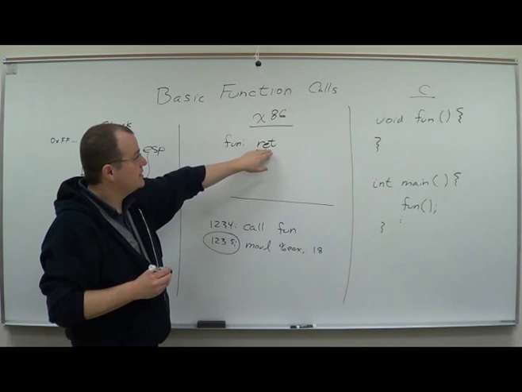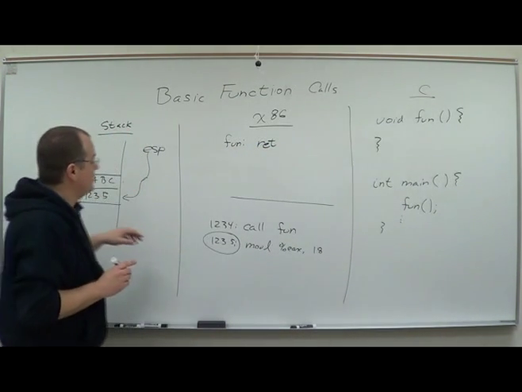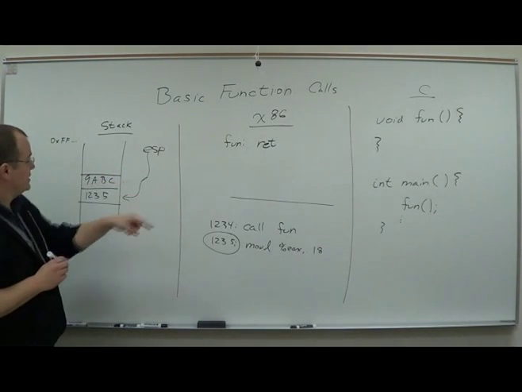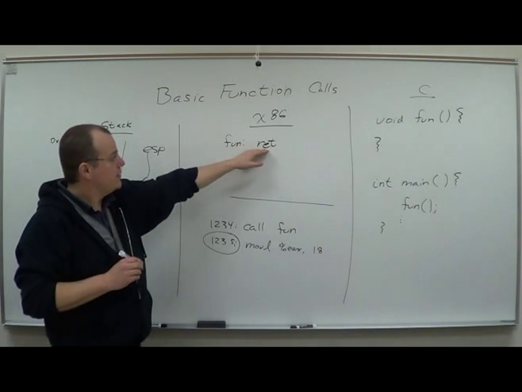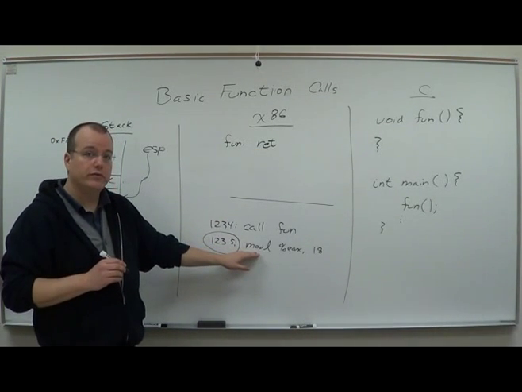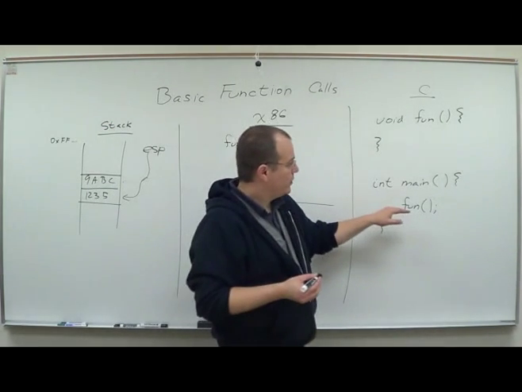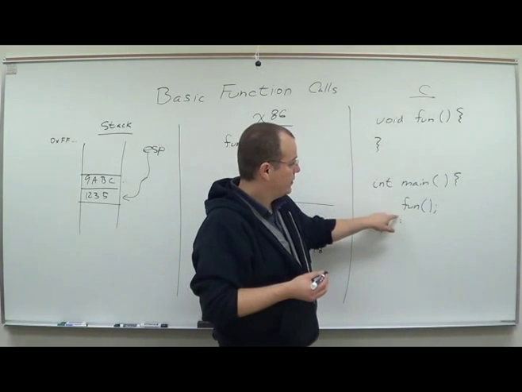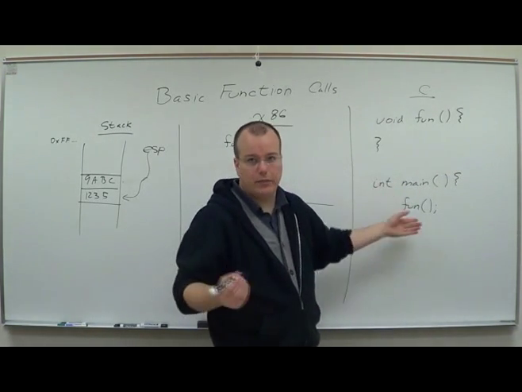What return does is say, hey, I want to go somewhere, and the place I want to go to is whatever the stack pointer is pointing at. So in this case, we're going to jump to 1, 2, 3, 5. When the return statement executes, we jump down here to the move, which is exactly the behavior we want. In our C program, once the call to fun returns, we want to continue with whatever else we were doing.